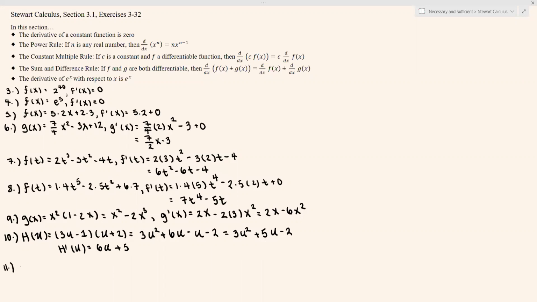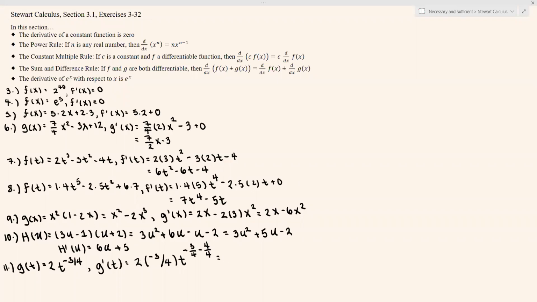11 is asking us to take the derivative of g of t equal to 2t to the negative 3 over 4. So this is a good application of the power rule and also the constant multiple rule. So g prime of t, this is equal to 2 times negative 3 over 4 t to the negative 3 over 4 minus 1, but let's write 1 as 4 over 4.